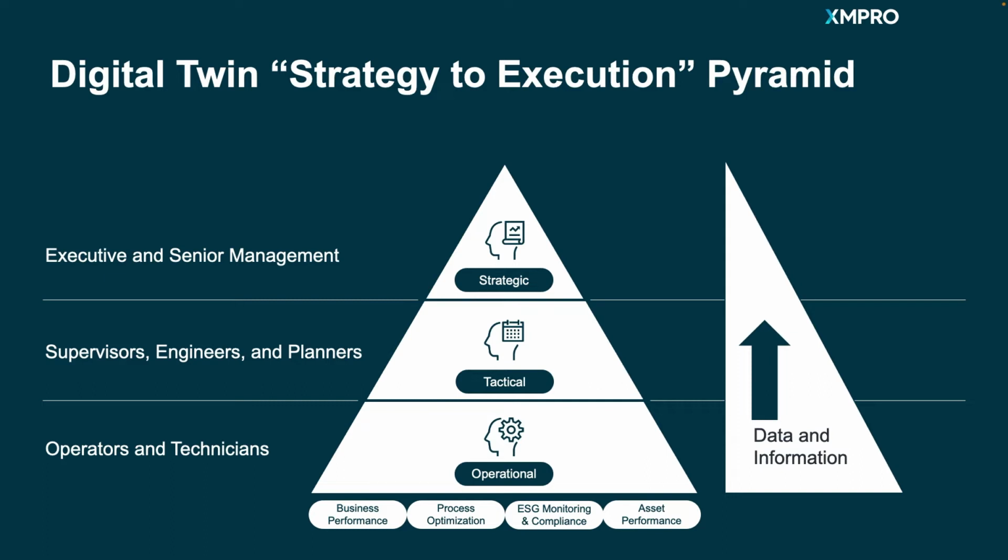The interesting thing with this pyramid, it almost mimics how we synthesize and get data. So at operational level, we have a lot of data and a lot of data collection. And as we go up, we start turning that data into information right to the top. So we're seeing that the strategic side of the business requires quite often less integration points.